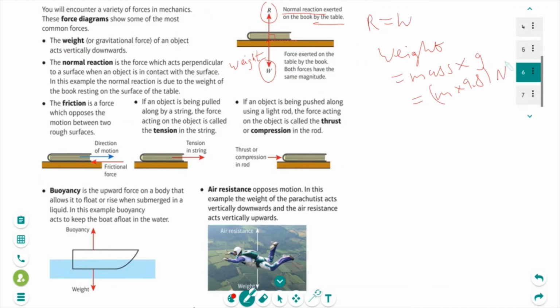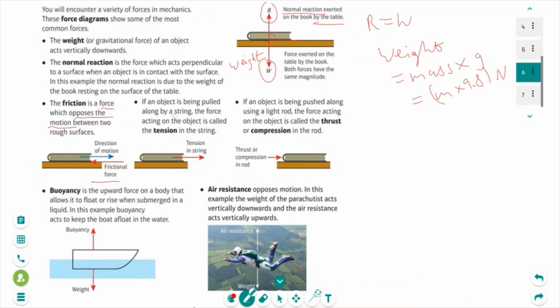Okay, friction is the force which opposes the motion. So if the book is being pushed to the right, then the friction from the table will oppose the motion. So the frictional force always opposes any kind of motion.